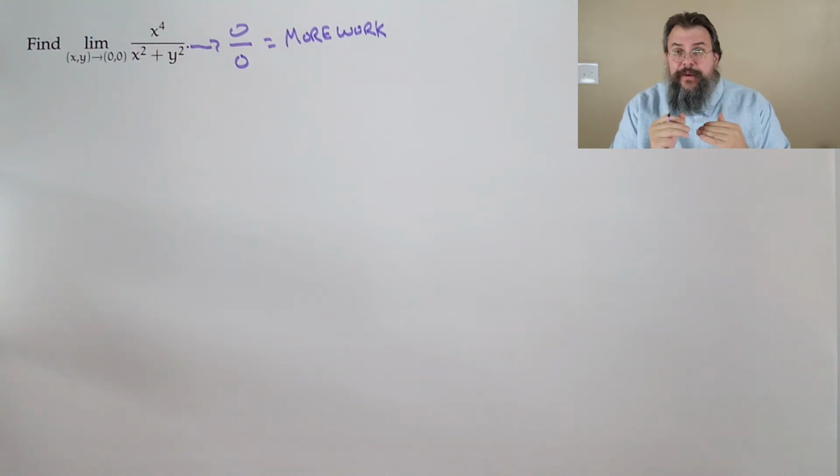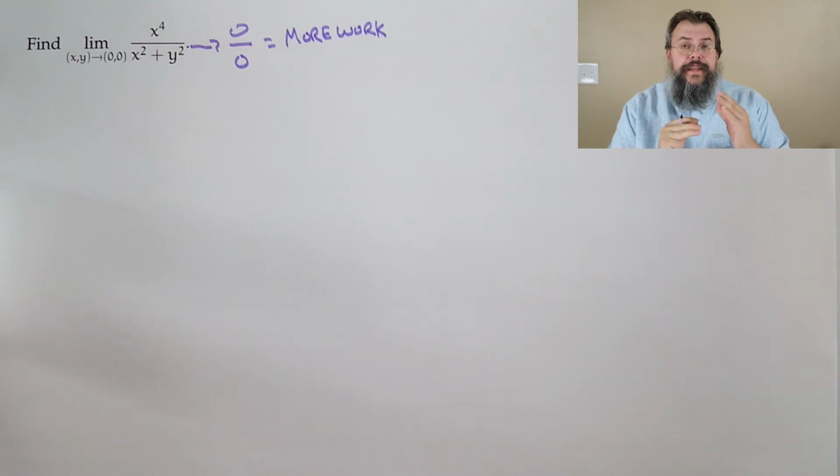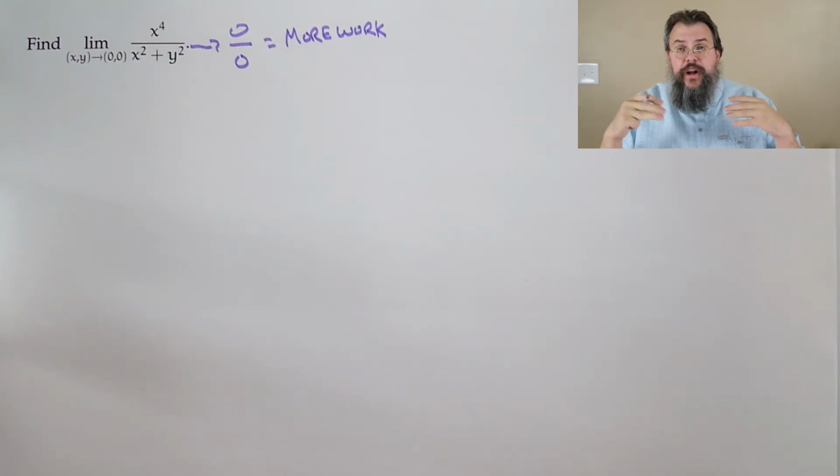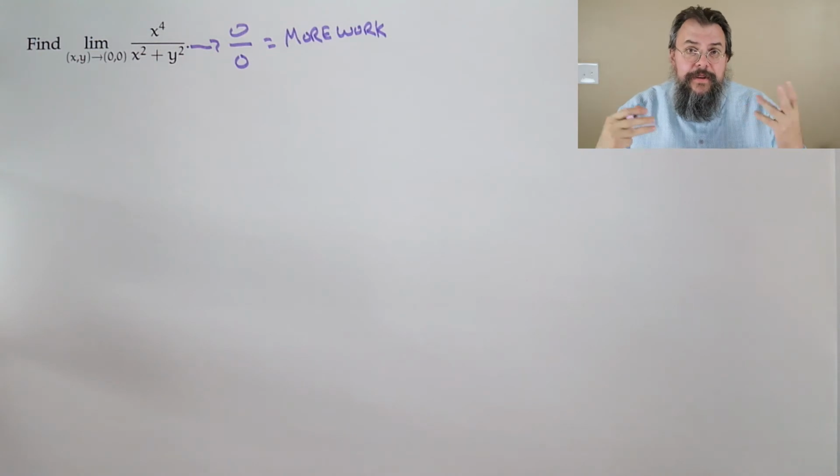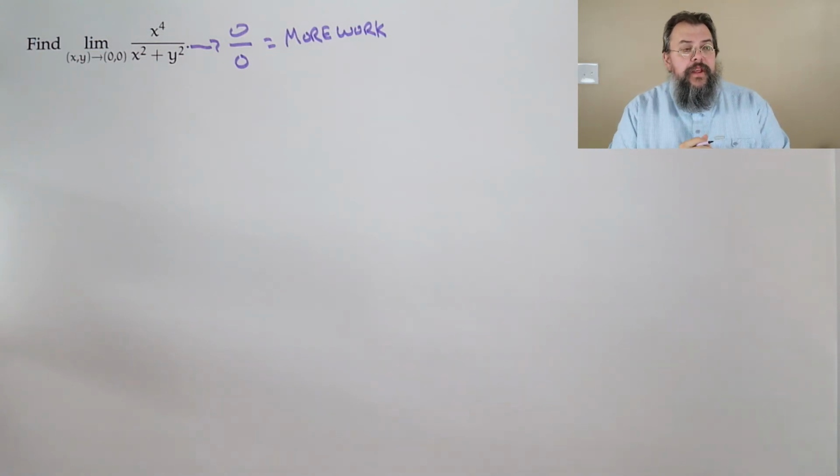Now, this one is a little bit more subtle, and so I'm going to ramble for a little bit. In some sense, think about these as polynomials. The numerator is fourth degree, x to the fourth. The denominator is like second degree, because you have x squared, y squared.